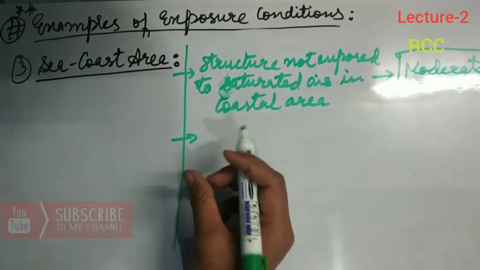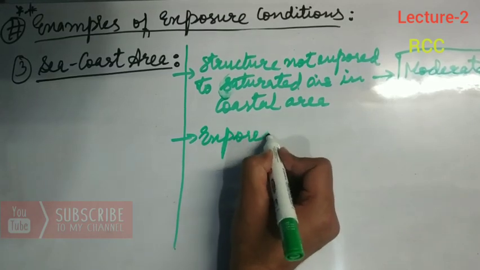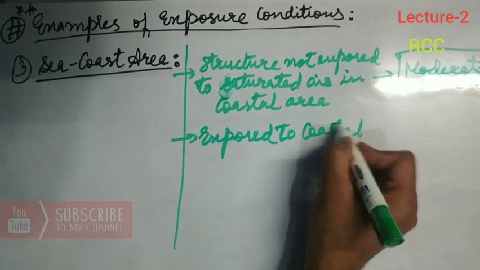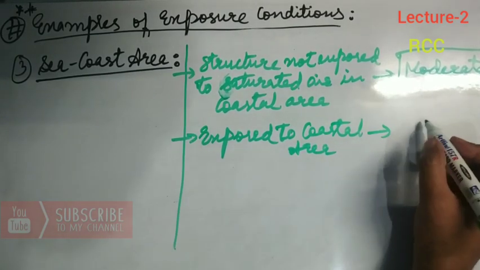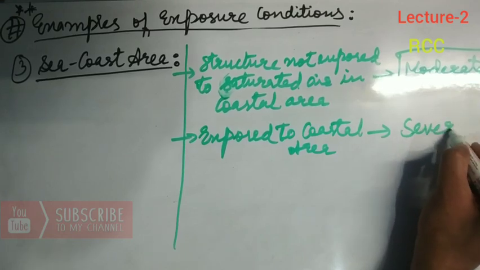Second subcategory is exposed to coastal area. So in this case, if a structure is exposed to coastal area, then the exposure condition will be severe.